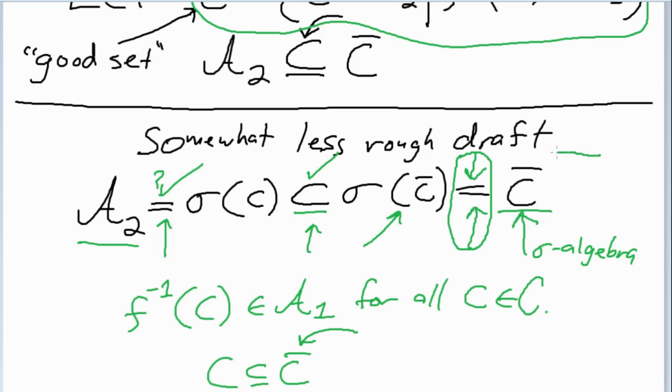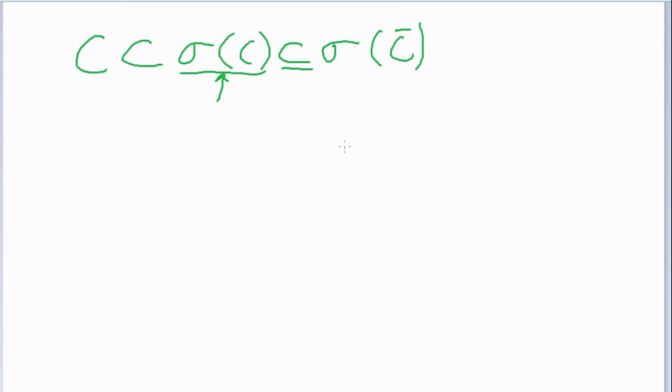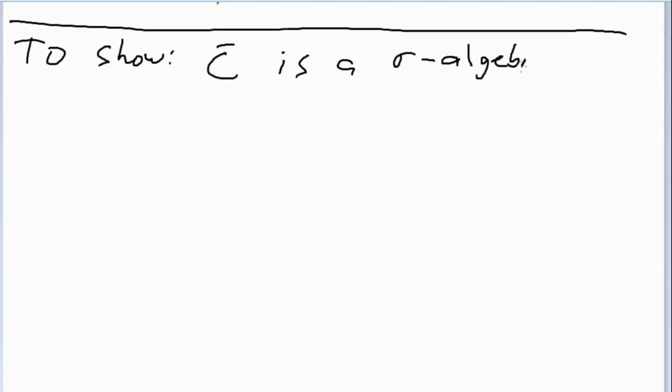So we're going to have to prove, in other words, that C bar, this good set that we talked about before, is itself a sigma algebra. So that's what we want to prove now: to show C bar is a sigma algebra. And if we can succeed in showing that, then we'll be done with our proof.